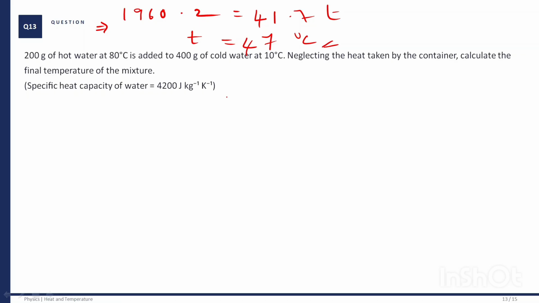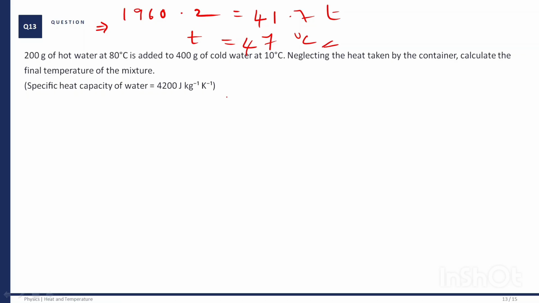200 gram of hot water at 80 degrees Celsius is added to 400 gram of cold water at 10 degrees Celsius, neglecting the heat taken by the container. Calculate the final temperature of the mixture. Compared to the last two, this one is easy because both substances are water.